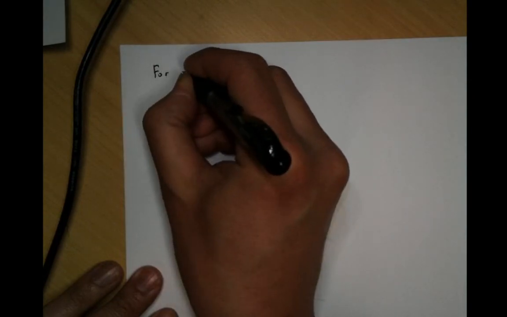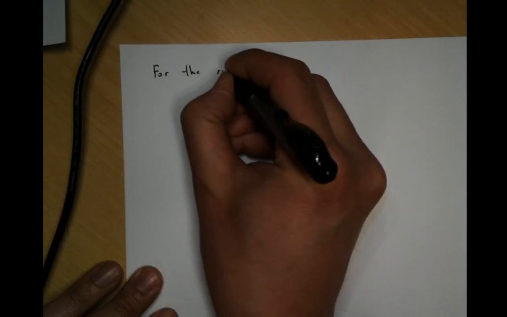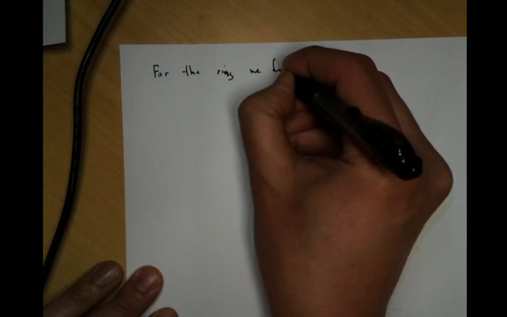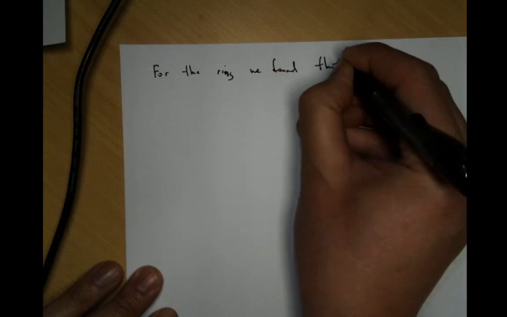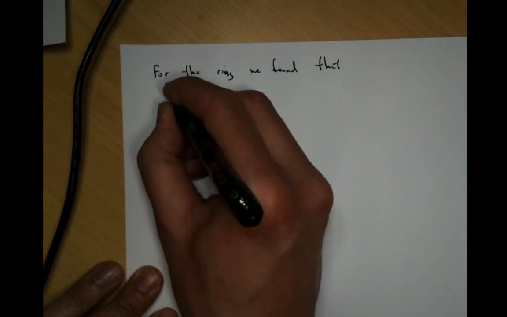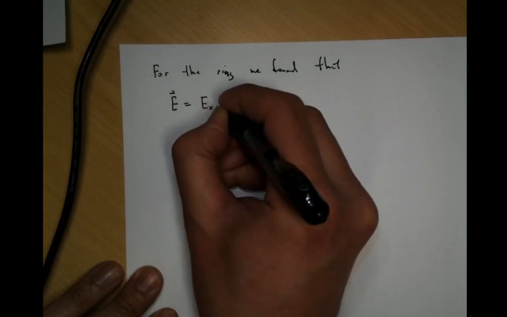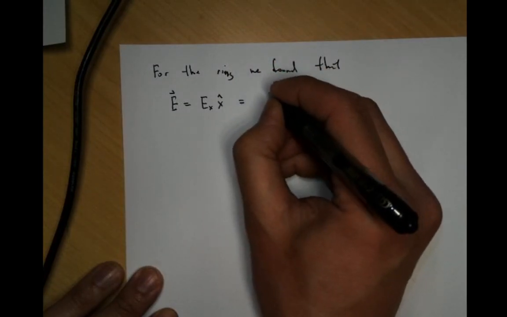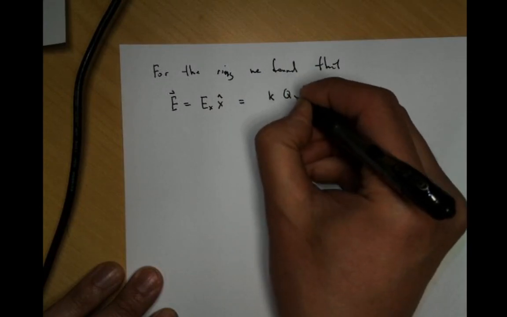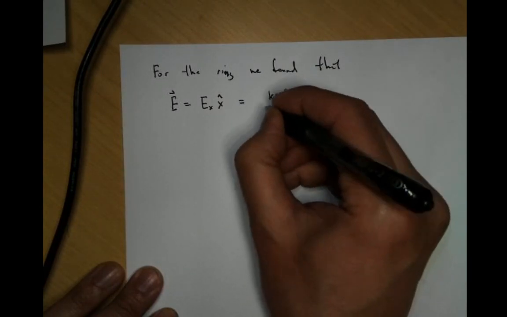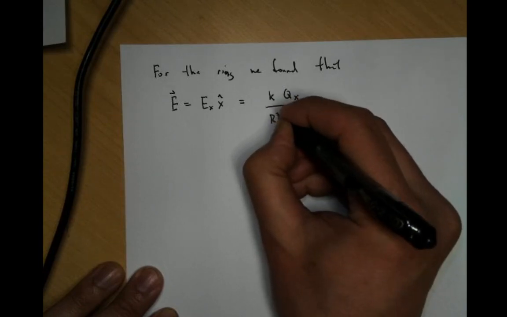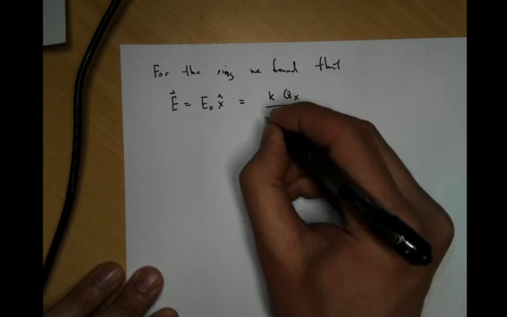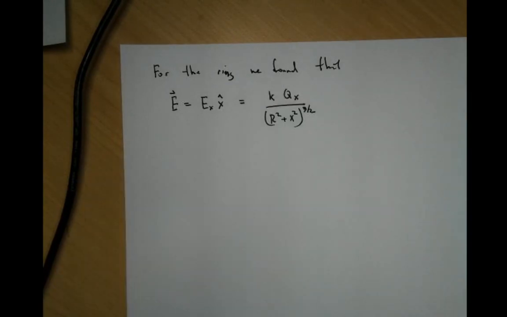For the ring, we found that the E vector is equal to E_x x hat, because the E_y component went away, which is equal to k Q x over (R squared plus x squared) to the 3/2 power. That's what we found last time.